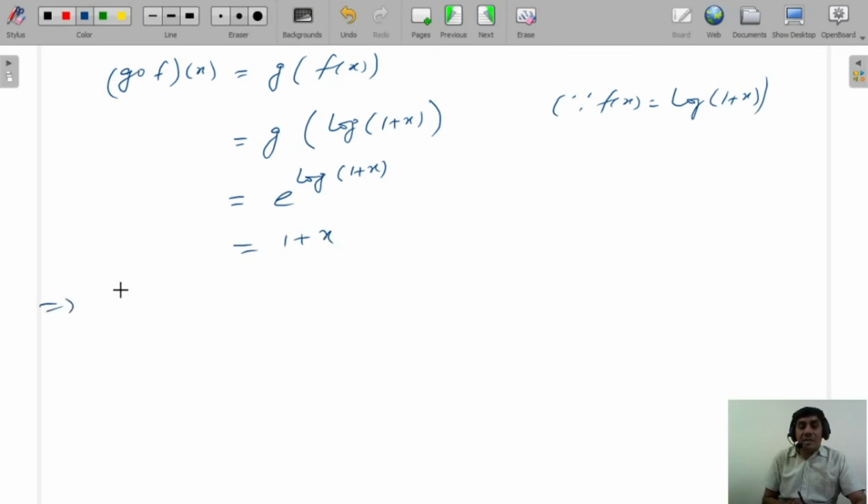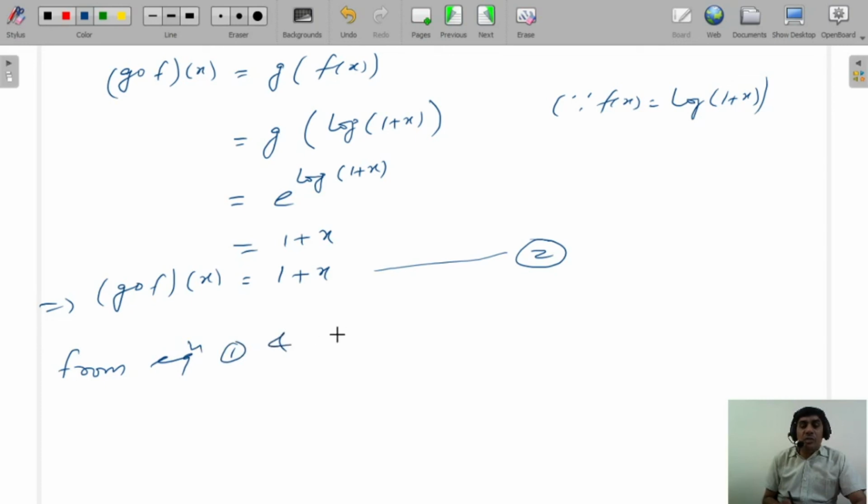This implies (g∘f)(x) is equal to 1 + x. Call it equation number 2. From equations 1 and 2, we have g∘f does not equal f∘g.